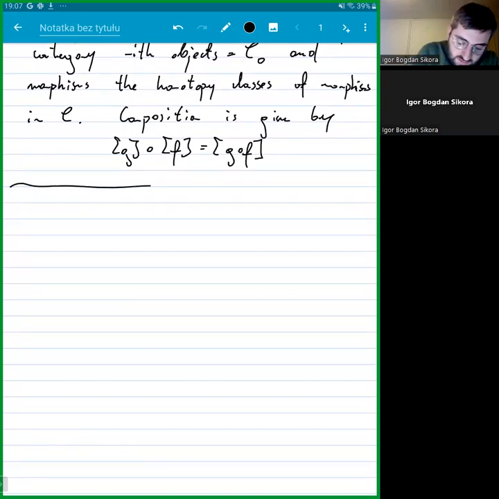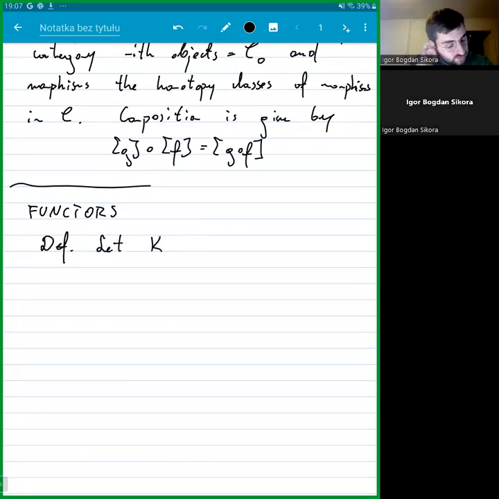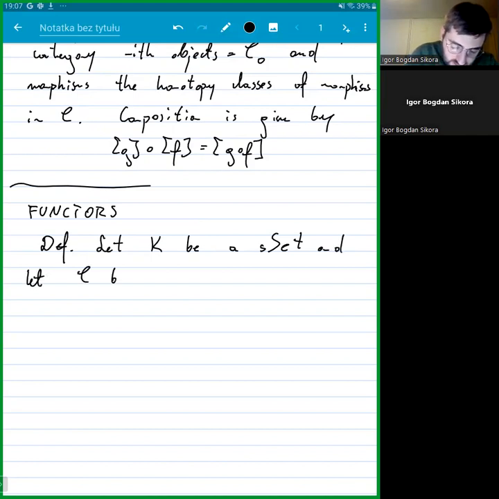First we will discuss functors of quasi-categories. Here the definition is rather easy. We can define a functor to a quasi-category from any simplicial set. So let K be a simplicial set, and let C be a quasi-category.